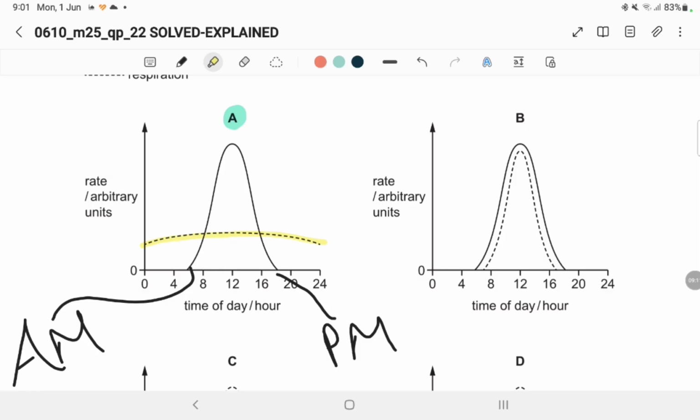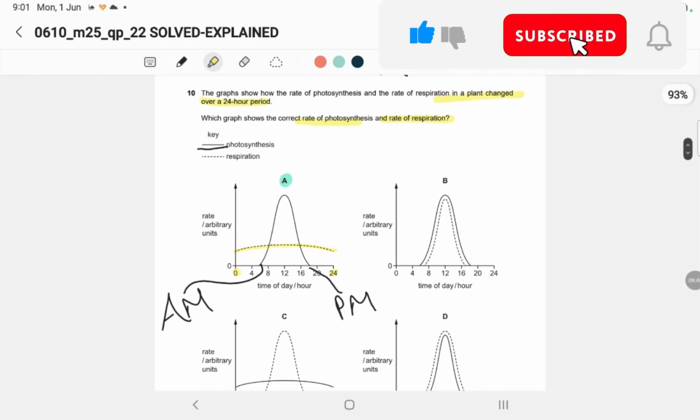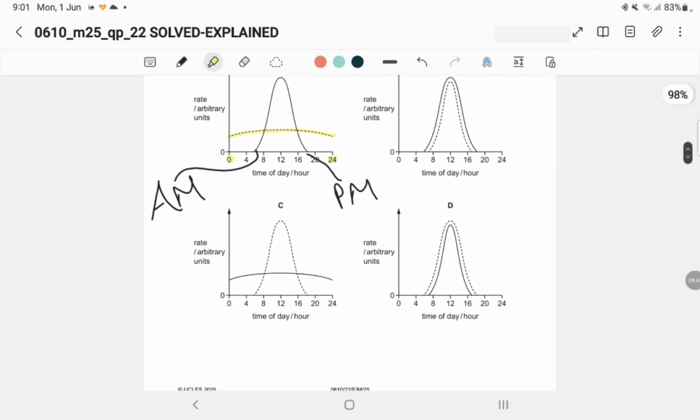Looking into the graph, starting from 0 hour, which is 12 o'clock in the morning, to 24 hours, from the morning to the night, the respiration rate has not decreased or increased to an extent comparable to photosynthesis. So always understand that respiration is occurring at all times, to generate ATP, to allow the plant to carry out other processes like active transport in the root hair cells and so on.